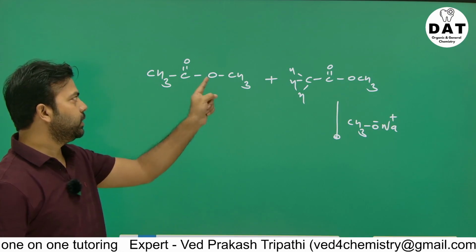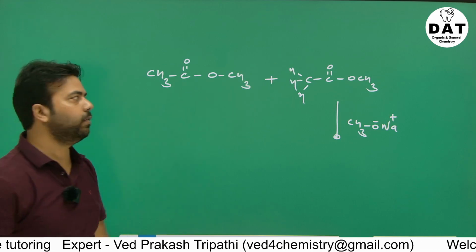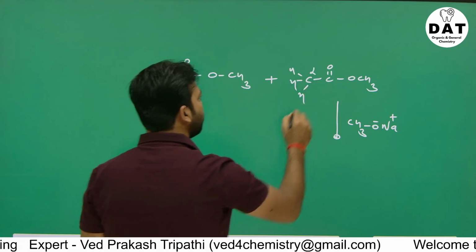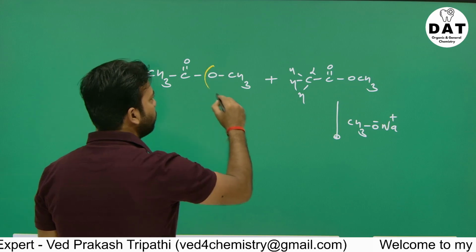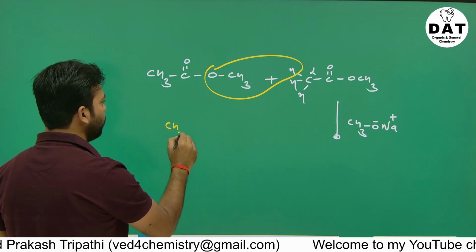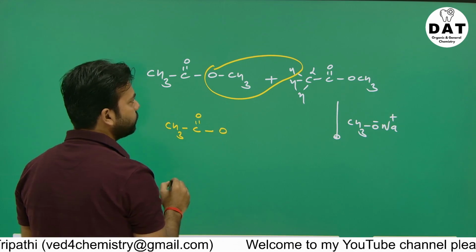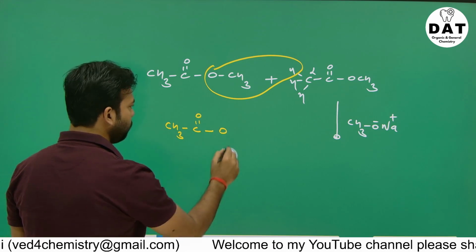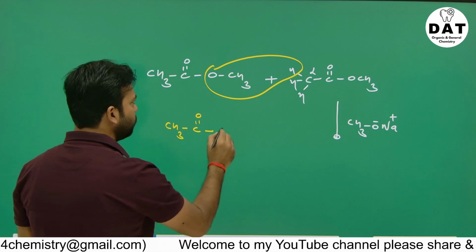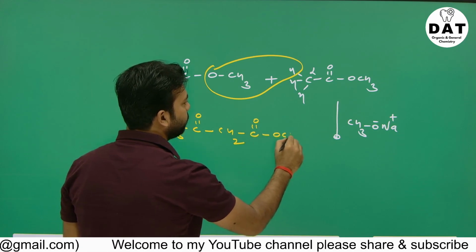So OR, meaning this oxygen CH3, is a leaving group, and on the alpha carbon only 1 alpha H. This is my alpha. So we can remove this methyl alcohol and we have to connect these. So the product will be CH3 C double bond O, CH2 and then C double bond O CH3.